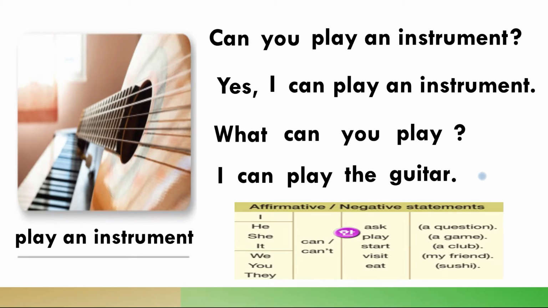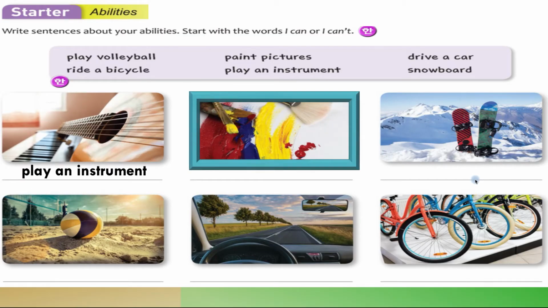So it's like I can play the piano. I can play piano. I can play violin. I can play the violin. With musical instruments, often the determiner the is optional. And we'll explore that more as we work our way through the different abilities.